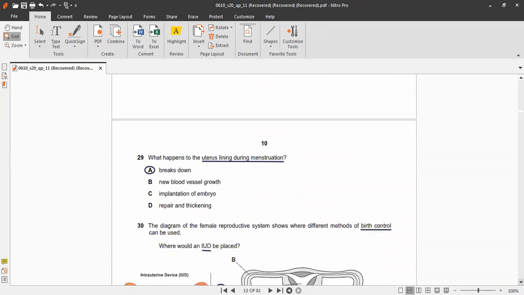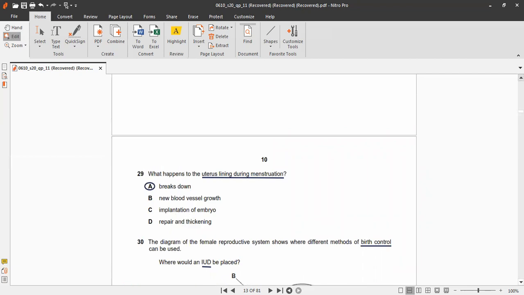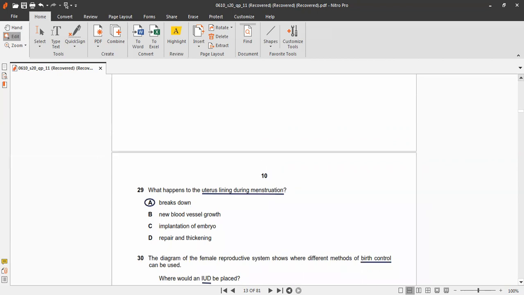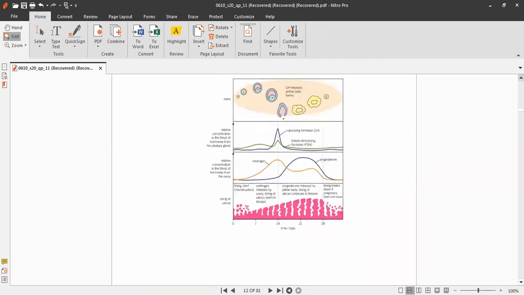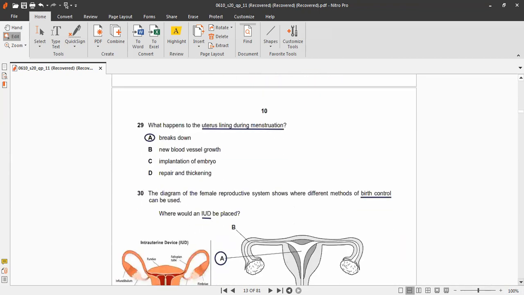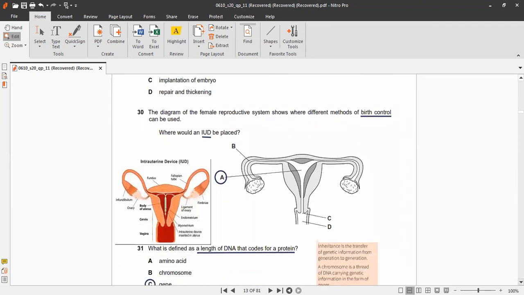What happens to the uterus lining during menstruation? During menstruation, what happens to the uterus lining? Yes, it breaks down. Here in this part. The diagram of the female reproductive system shows where different methods of birth control can be used.